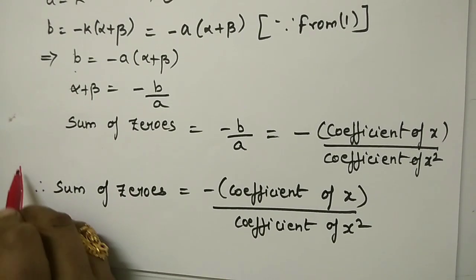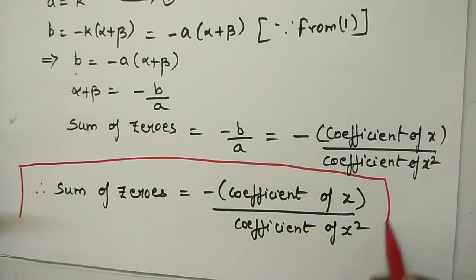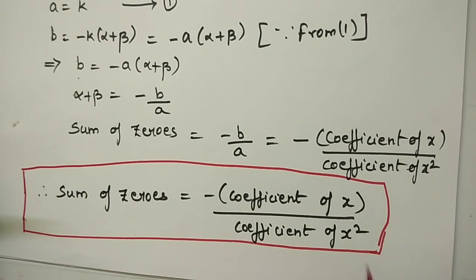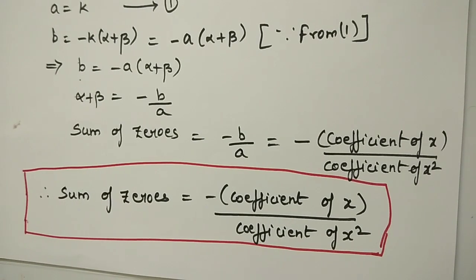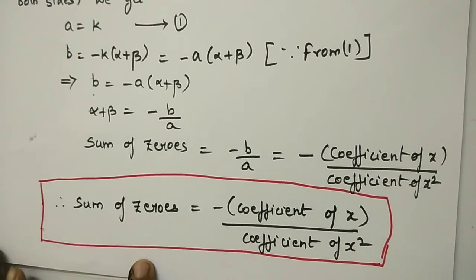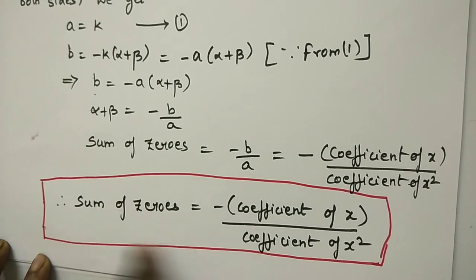Keep this in your mind, it will be useful in verification as well as objective type questions. The logic in this will be mostly asked, they'll twist a question mostly on the logic of this relation.